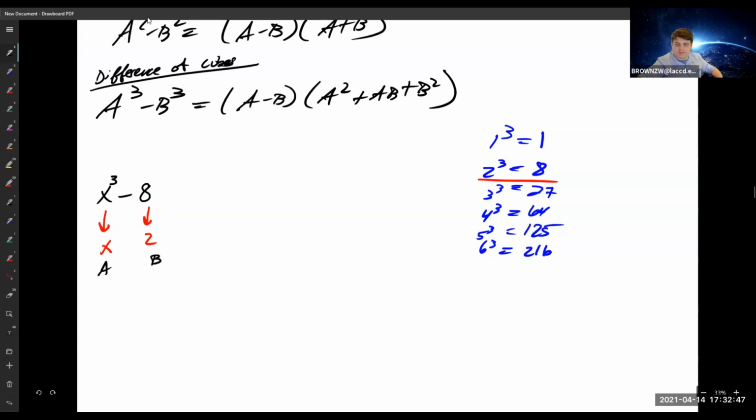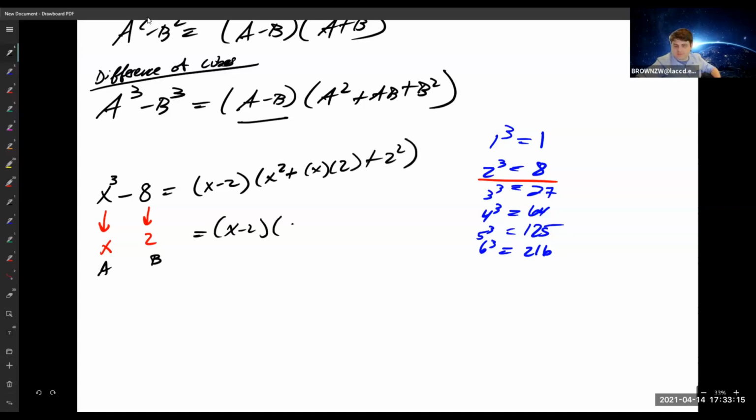This is going to be my b value. So here we have a minus b is just x minus 2 times a squared, so that's x squared, plus a times b. So I'm going to write this literally x times 2, that's my a times b, and then plus b squared. But we're going to simplify this out to be x minus 2 times x squared plus 2x plus 4.